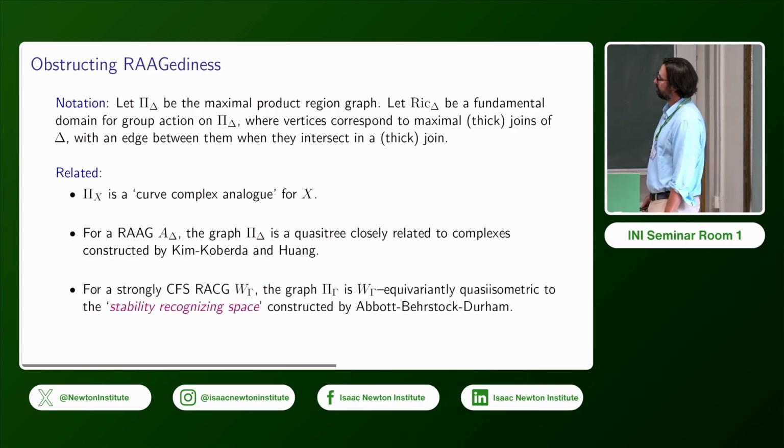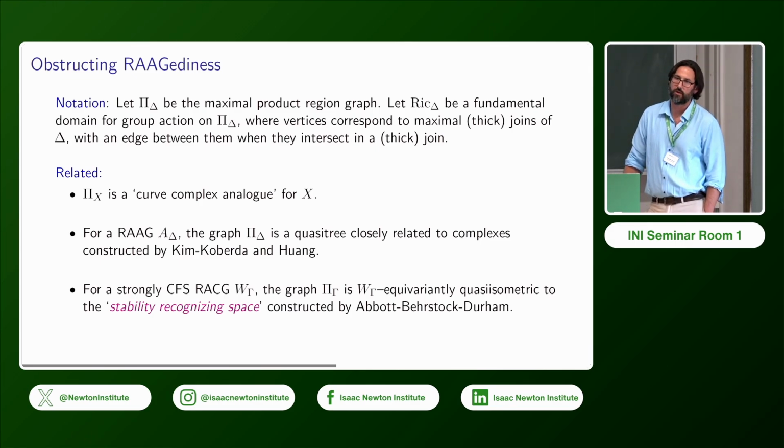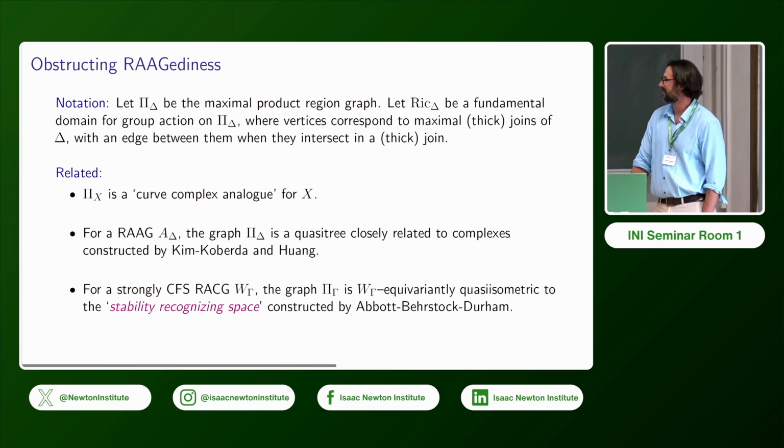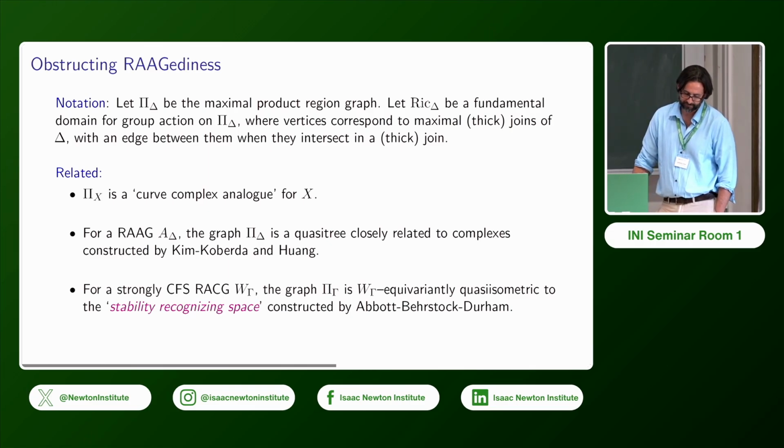For Coxeter groups, there was a different attempt to make cube complex analogs through hierarchically hyperbolic structures on these groups. And so Abbott, Baerstock, and Durham in particular had a way to construct stability recognizing spaces for them. So what that means, again, this is something that the curve complex does for you for mapping class groups.